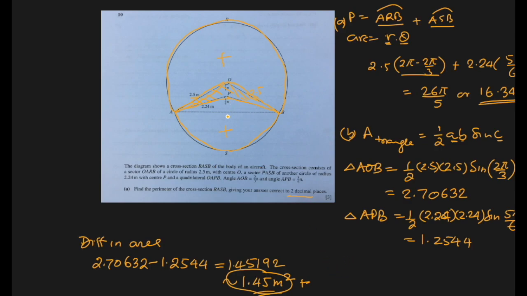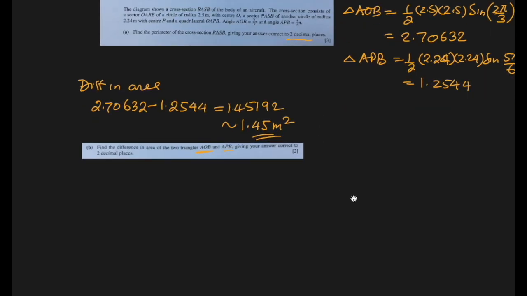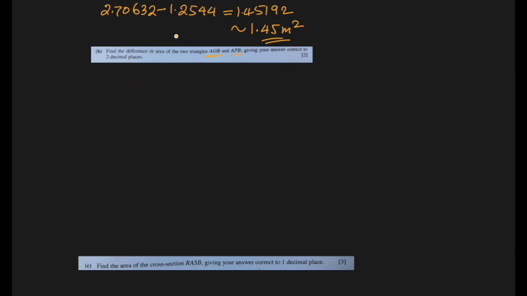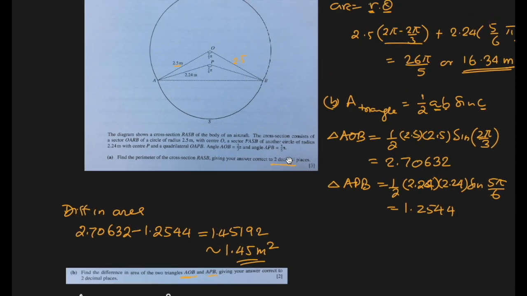So area of a particular sector, the formula should be known to you. It is half r square theta. Area of any sector is half r square theta. So we said that we'll add the area of the two sectors. First will be half r square, 2.5 square, but theta is the major angle. Again, it is not the one which is inside, 2 pi over 3.